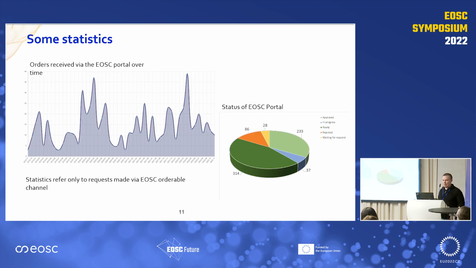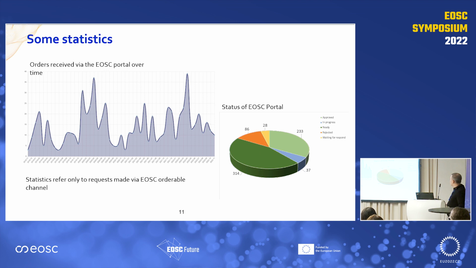And here are some statistics so far. I think it is not easy to read. It is for the last three years, I think. This is the number of orders received in the EOSC portal, and this pie chart shows how many were approved and implemented.